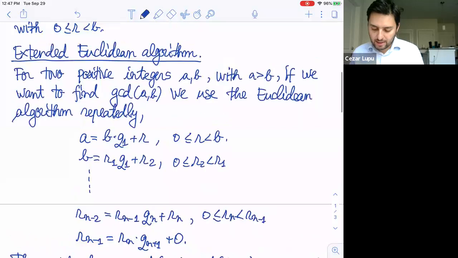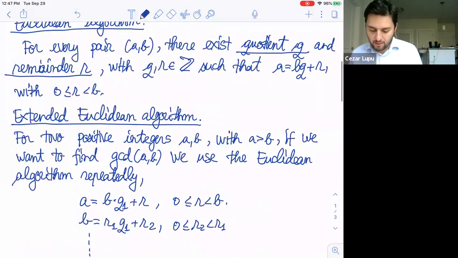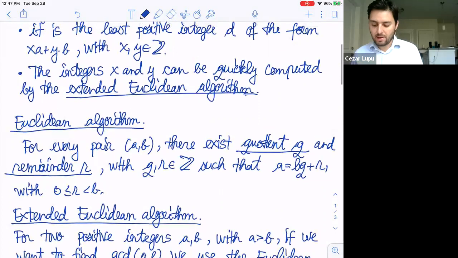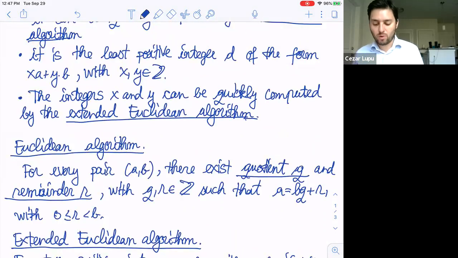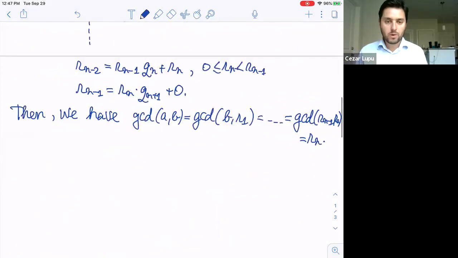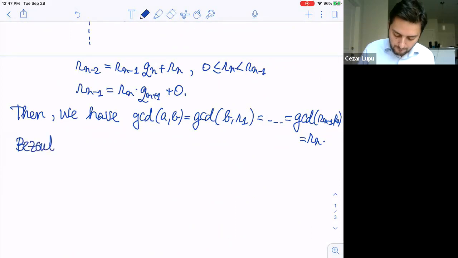All right, so this is the extent, and I would like to explain this thing here, that the least d of the form xa plus yb, and this is important because we will use it in some problems, which we call Bezout's identity.